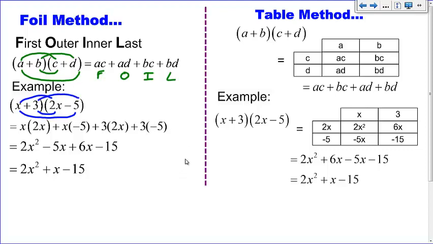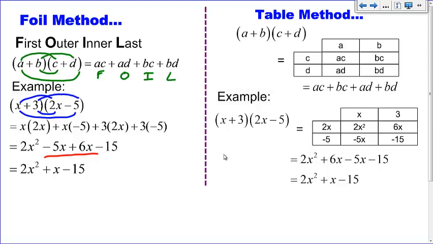This is really similar to the distributive property. As a matter of fact, all it is is double distribution, where just the steps look a little different, but it's the same process. And you can see we'd get 2x squared minus 5x plus 6x minus 15. Again, the middle terms can be combined, and you get 2x squared plus x minus 15.